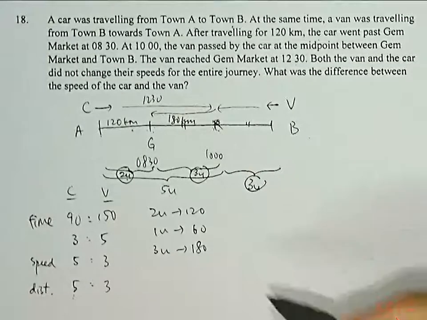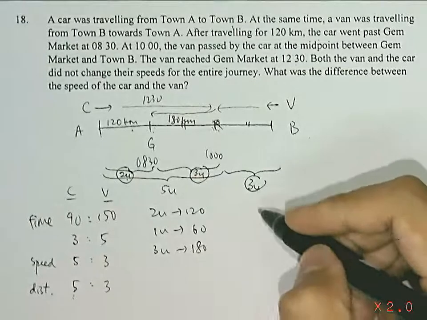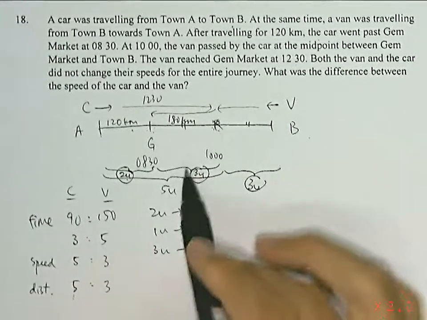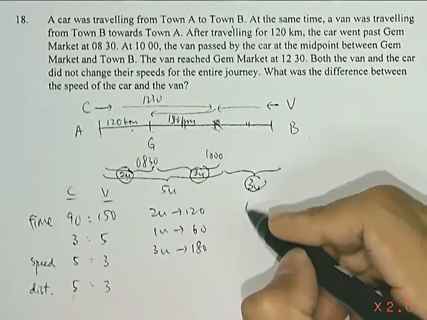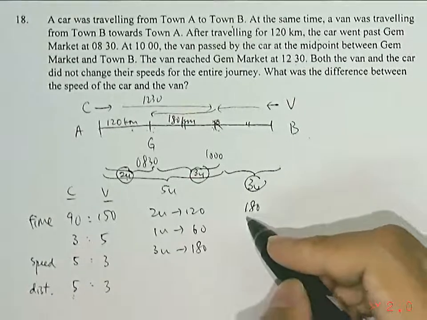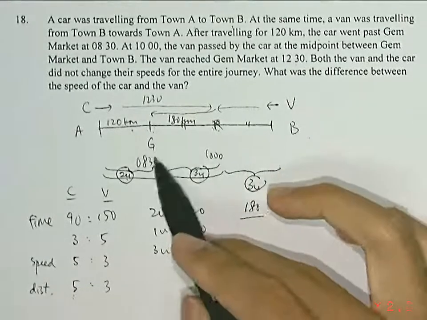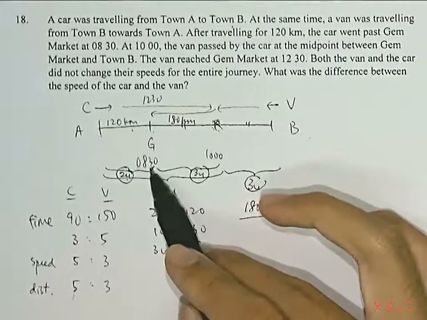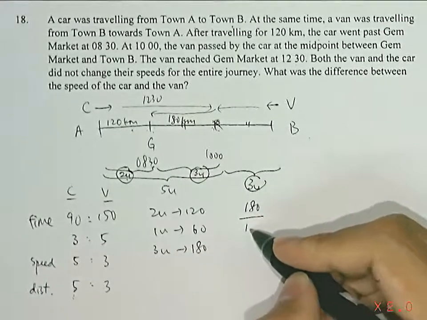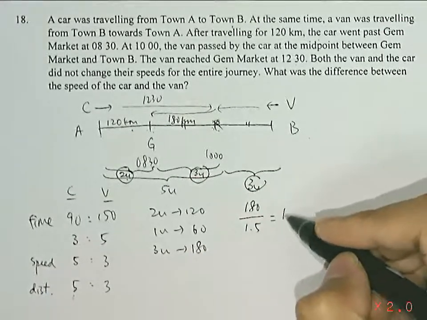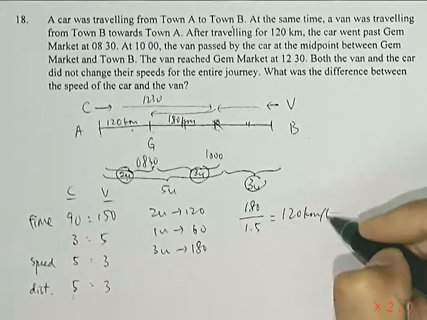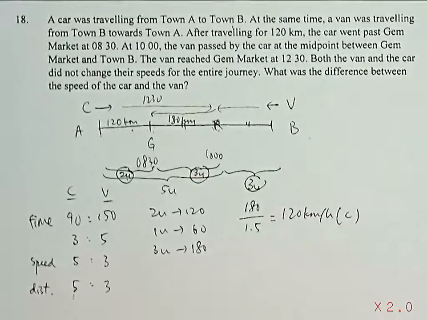So the speed of the van we can then find over here, 180 divided by, or rather we can divide by the time taken by the car, which is from 8:30 to 10 o'clock, so that's 1.5 hours. So that will be 120 kilometers per hour, which is the speed of the car.